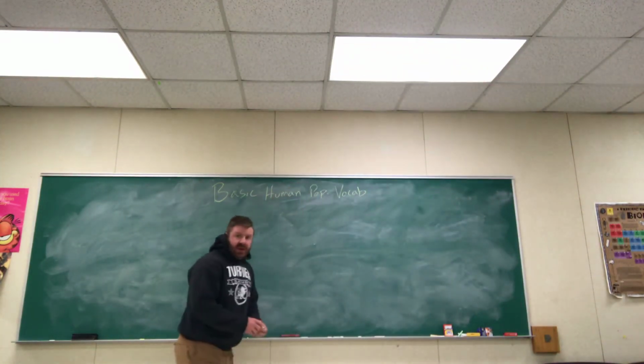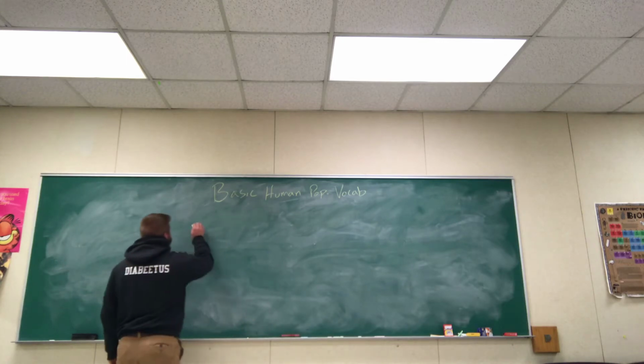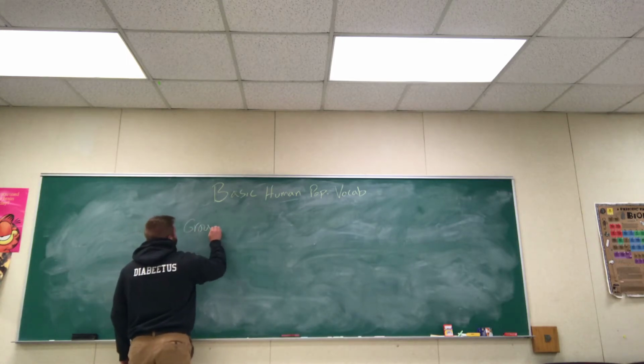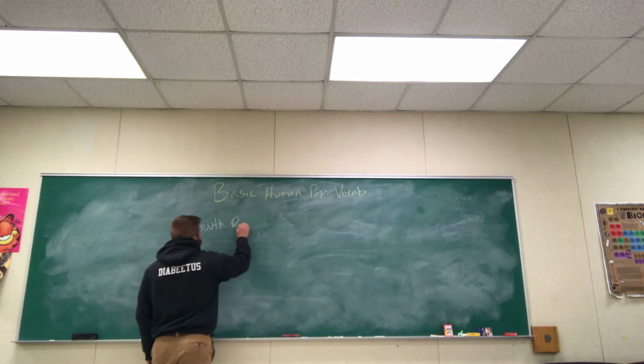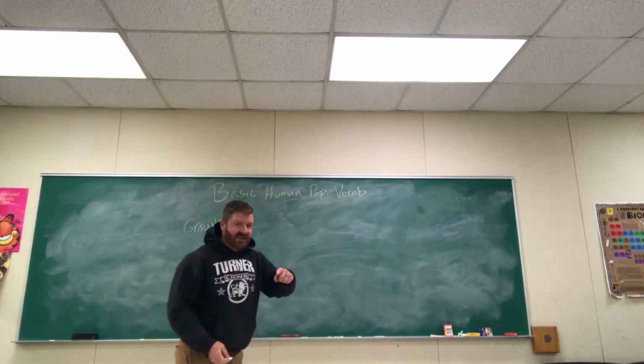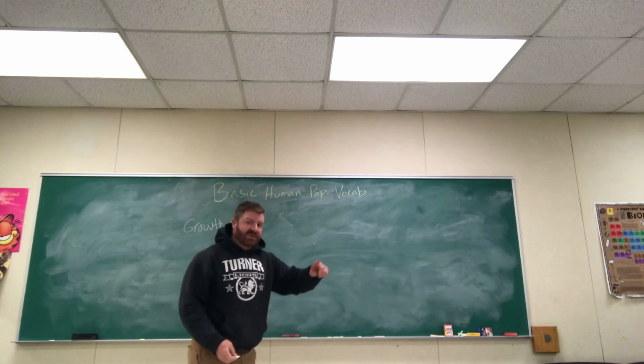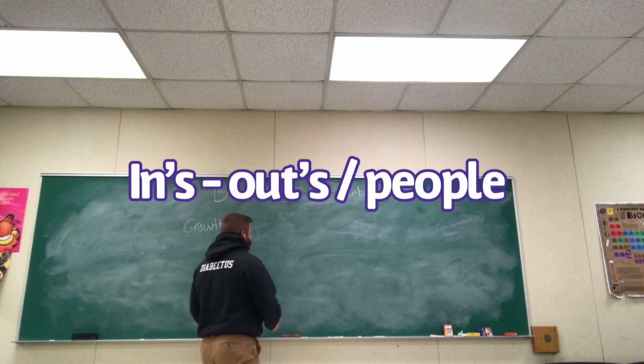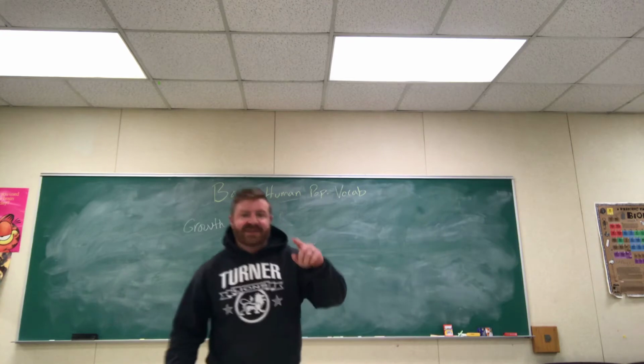So, population growth rate. This is the easy way to remember this: ins minus outs divided by the people. So let's talk about what the ins are. So how do you add people in?